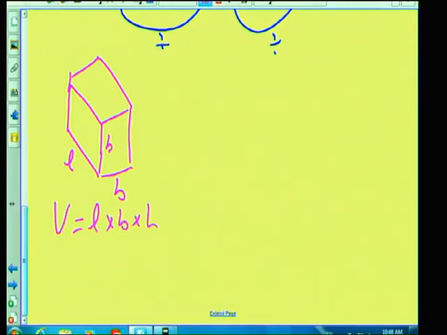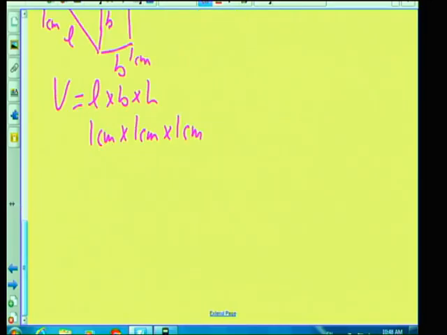And so what would we say? If this was 1 centimeter, and that was 1 centimeter, and that was 1 centimeter, then we would get 1 centimeter times 1 centimeter times 1 centimeter. And that would give us something called 1 centimeter times centimeter times centimeter.